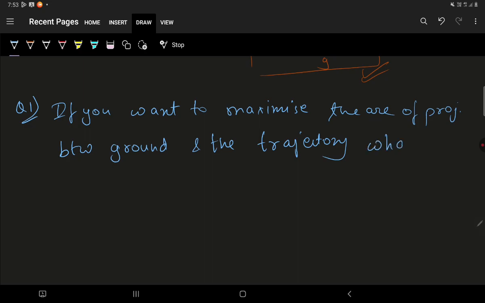What should be theta? That is the initial angle with respect to the ground, and the velocity of the projectile at the initial moment is given as v naught. Okay. Now you have to basically find theta in this case. So pause the video, give some time to this problem.